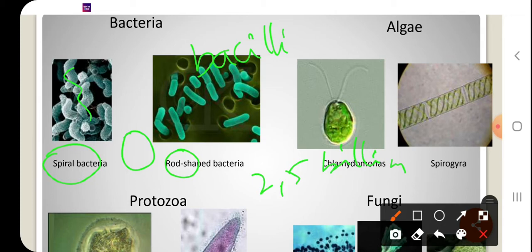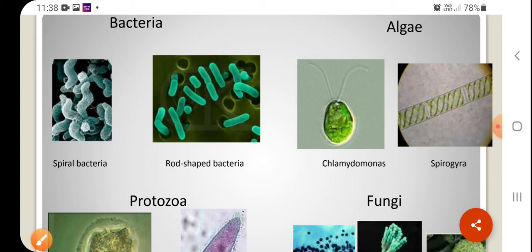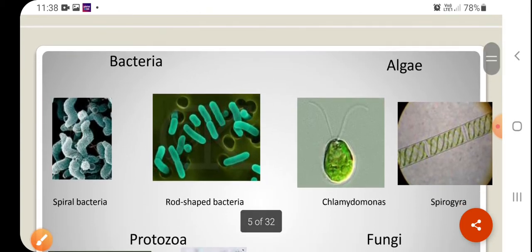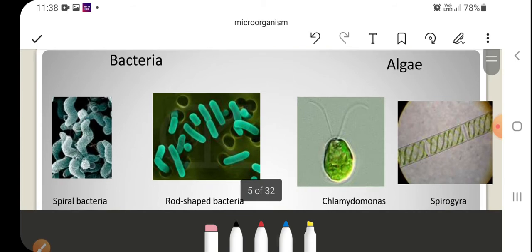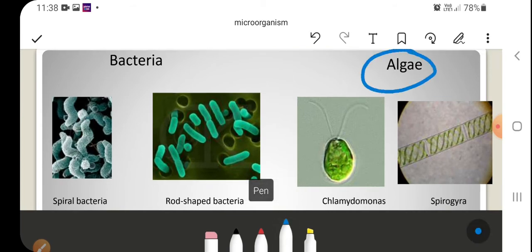Now after the bacteria, the next type of living organisms we call algae. They are almost like simple plant-like organisms, because these algae have chlorophyll in them.